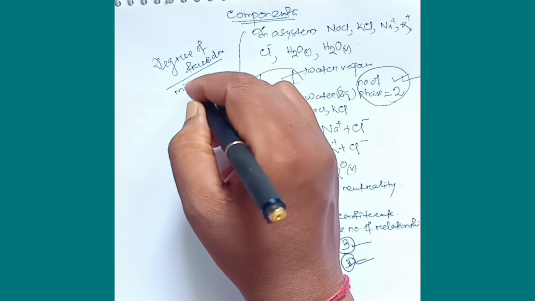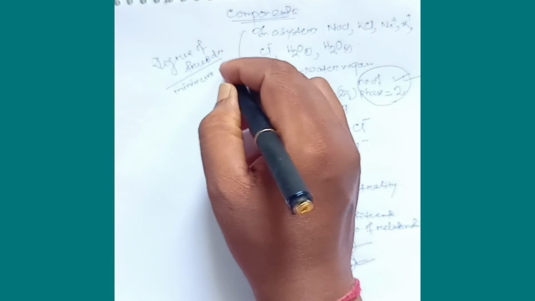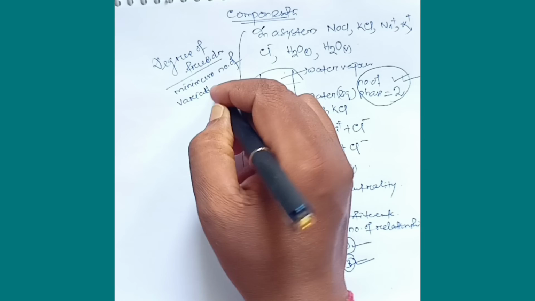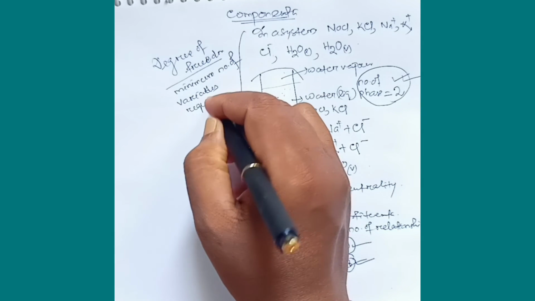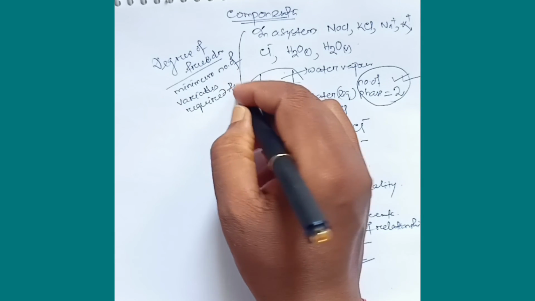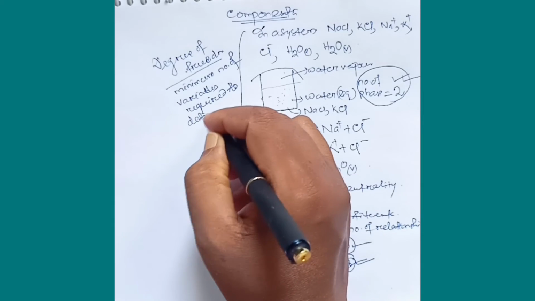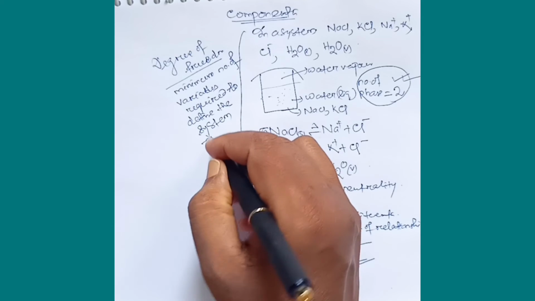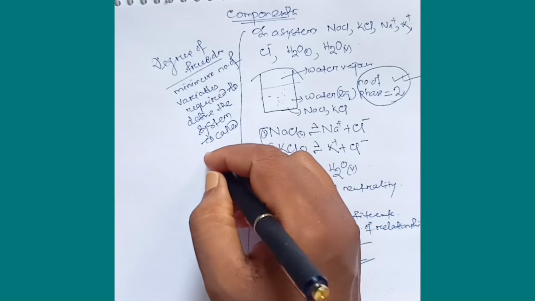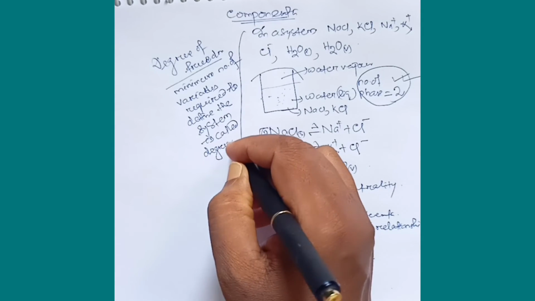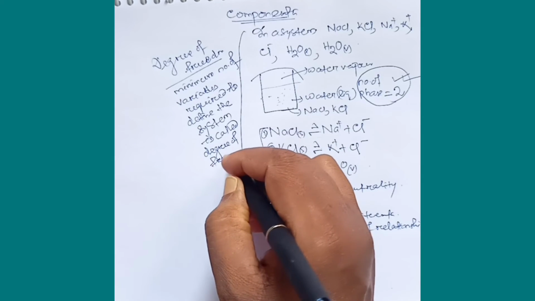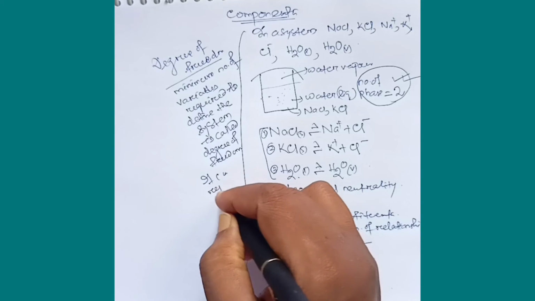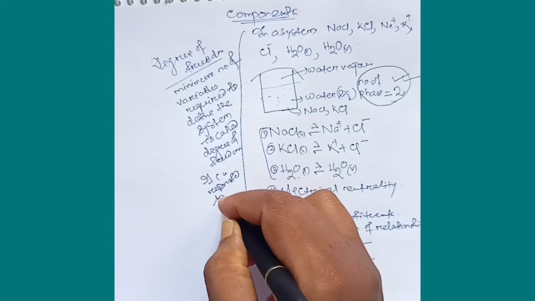The minimum number of variables required to define the system is called the degree of freedom. It is represented by F.